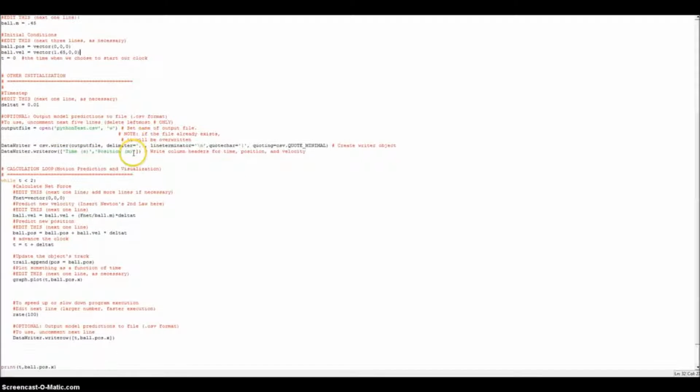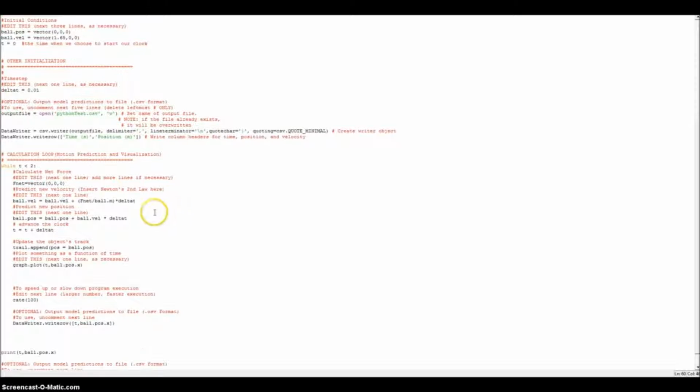Then, further on in code, we set the F-net vector to be the zero vector because we also calculated that there was no net force on the ball, resulting in it keeping its constant velocity. Then the next line of code you see is the calculation for the ball velocity, which is going to stay constant, seeing as the F-net was 0, so that there would be no change. And ball position is also calculated in much the same way, in that the position of the ball will be calculated based on the change in velocity over time.